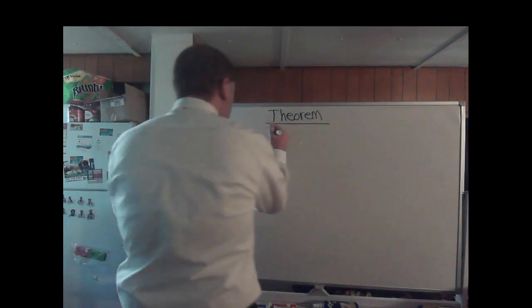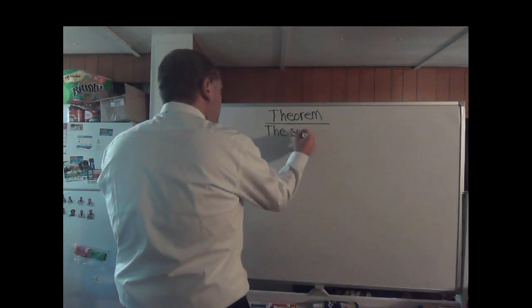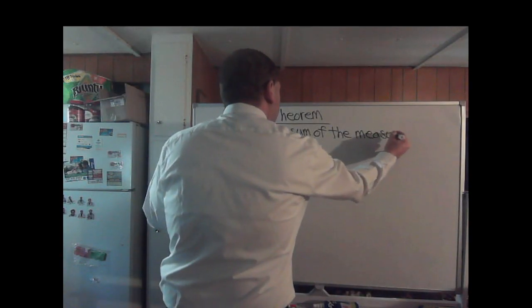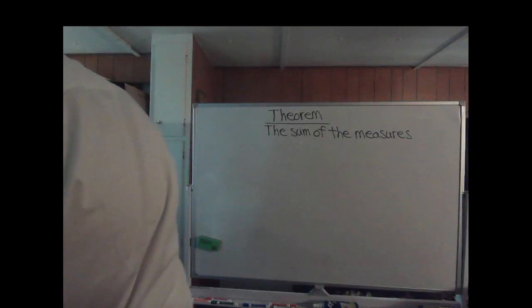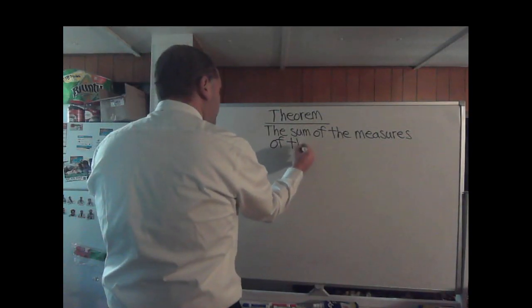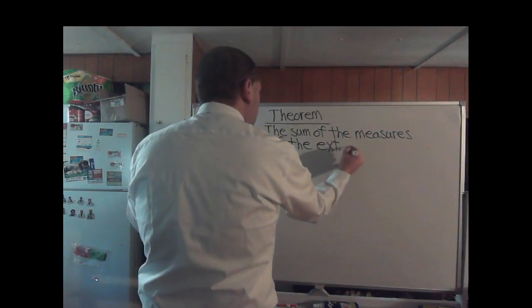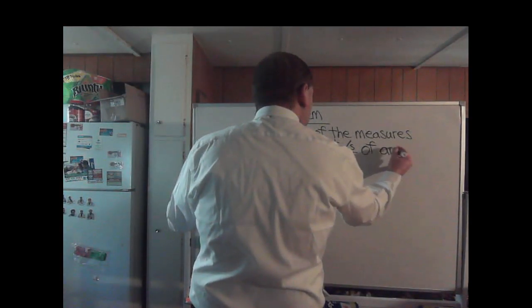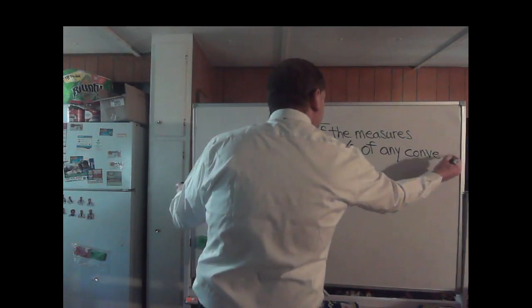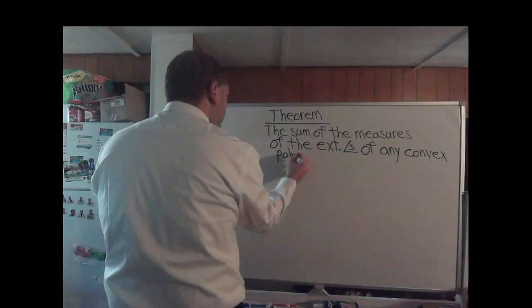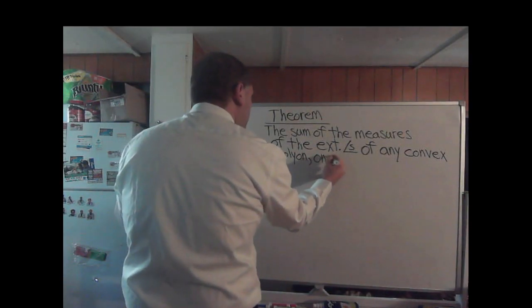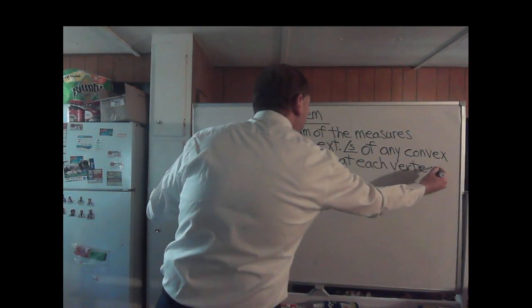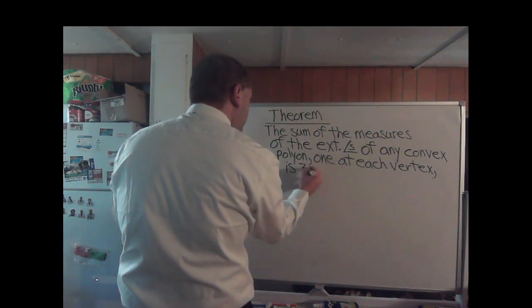This theorem is the sum of the measures of the exterior angles of any convex polygon, one at each vertex, is 360 degrees.